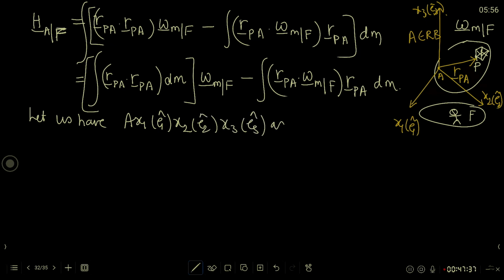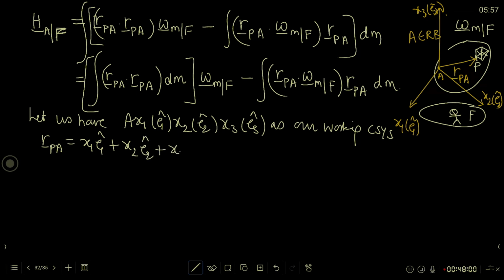Then RPA, if this is my working coordinate system, I can write RPA as P3, right? Because P has coordinates x1, x2, x3 relative to the yellow coordinate system. And omega MF in general will be written as this.